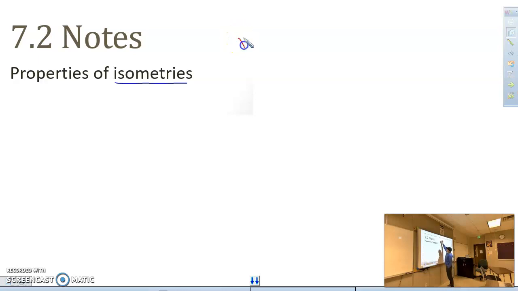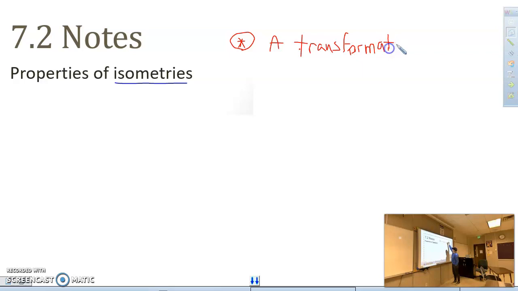But an isometry is a transformation, and this board is a little delayed. It's a little bit annoying to write slower.